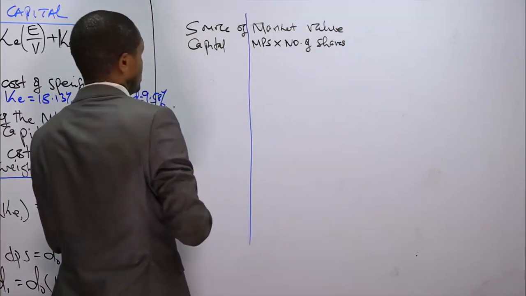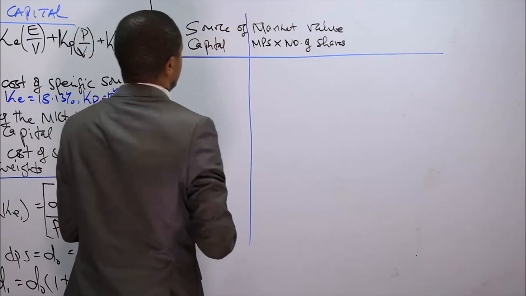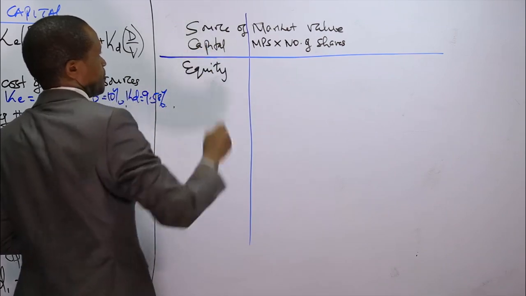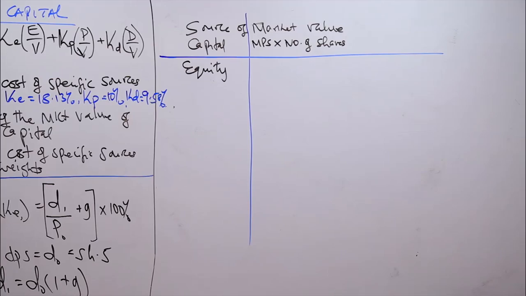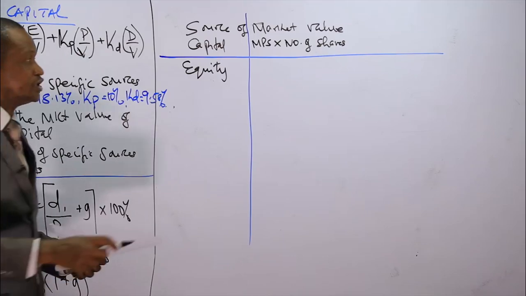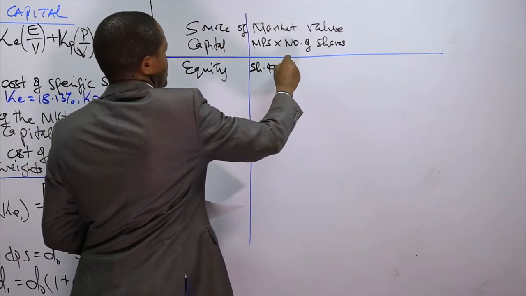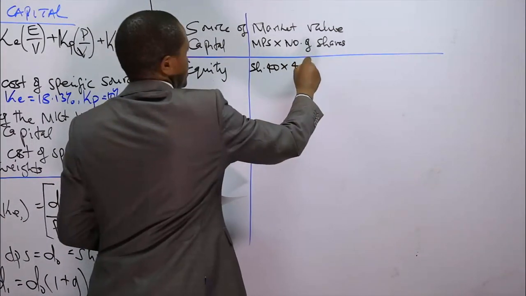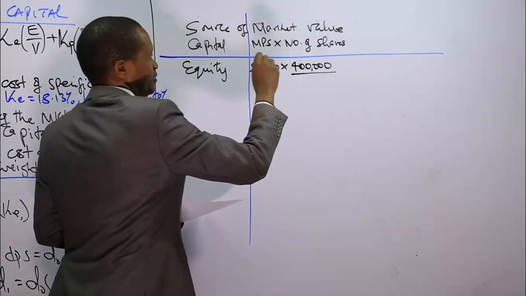That's what we'll do. So we start with equity. Equity is the first source. So what is the market price? The market price for ordinary share capital is 40 shillings. So we have 40 shillings times the number of shares. That will be equal to 400,000 divided by the par value.